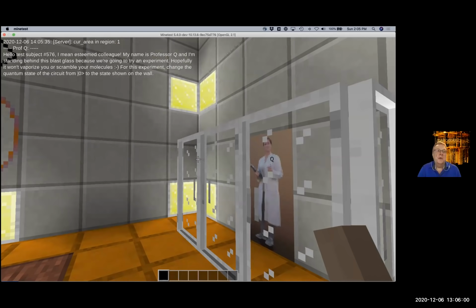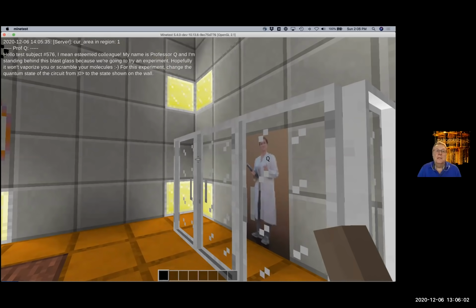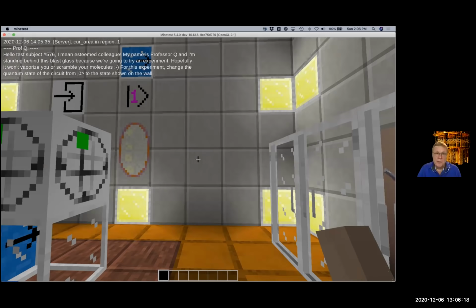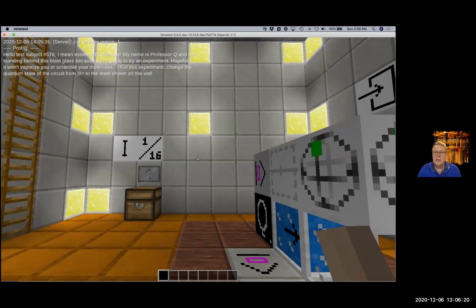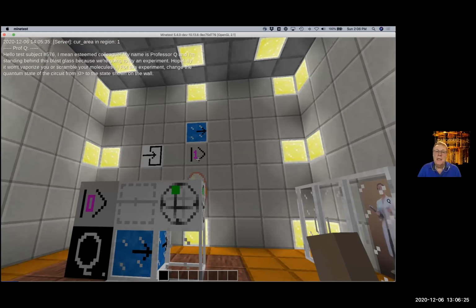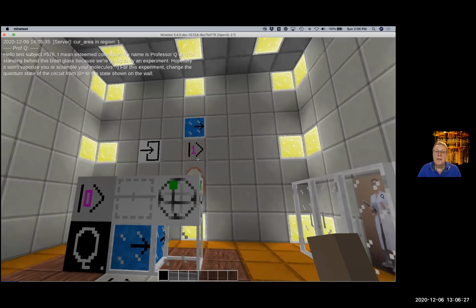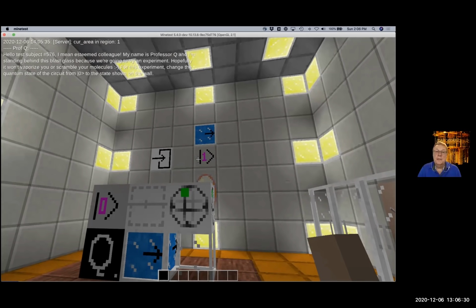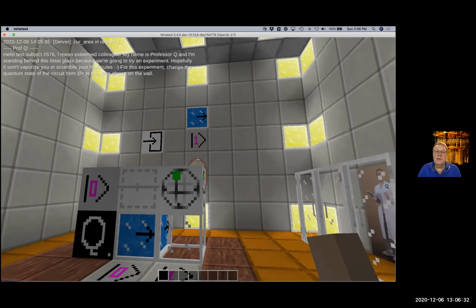This first clue up here, up on the upper left, asks you in the last sentence to change the quantum state of the circuit from 0 to the state shown on the wall. Just like with Portal, we look around the room and see what's going on here, and we see this state on the wall. That state is a 1 state. It's a qubit with the value of 1.